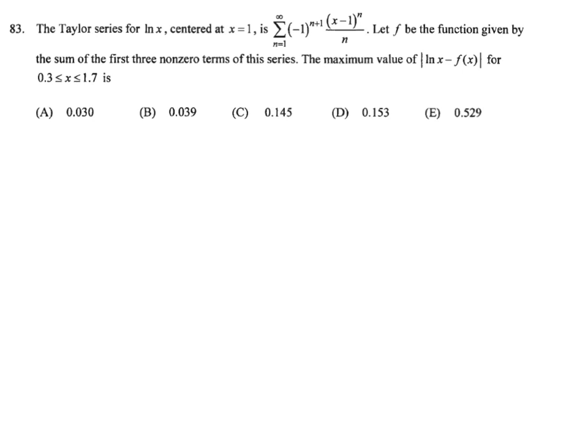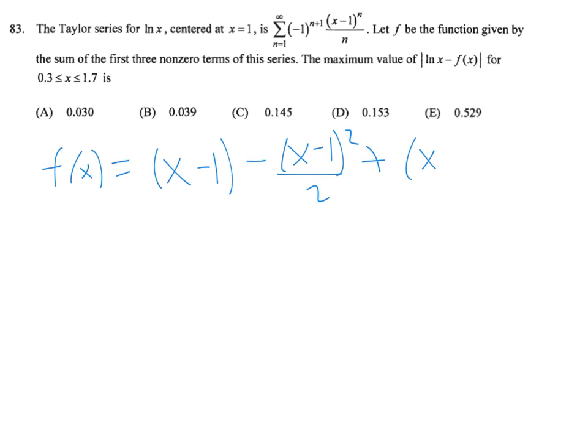I'd be realizing that this is an alternating series, because if I start writing out the terms of this series, f of x is going to equal, well, the first term is x minus 1, and the second term is going to be minus (x minus 1) squared over 2, and it's going to be plus (x minus 1) cubed over 3. And they want us to find this. And I would be like, oh, well, this is an alternating series. So the next term is going to be (x minus 1) to the fourth over 4.